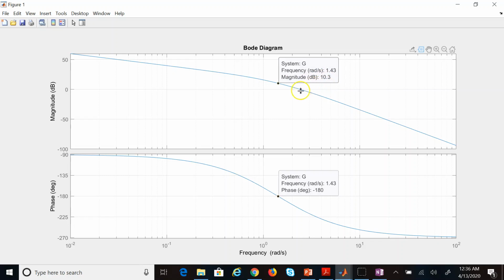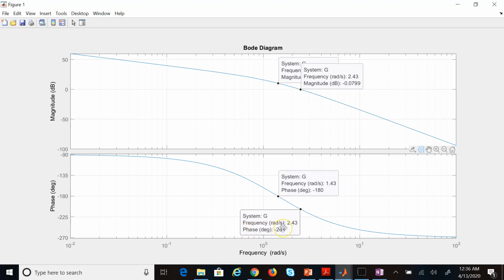The other way is I find where the magnitude is 0, which is almost here, and then find the phase of the system at that frequency, which is this number, negative 208, and then I add plus 180 to it, which makes it negative 28 degrees.